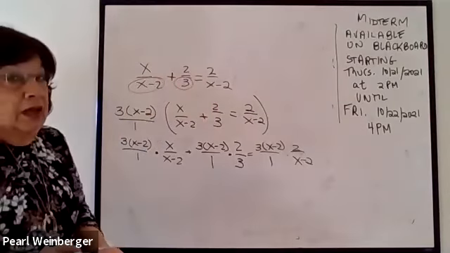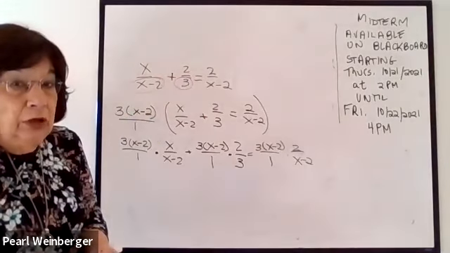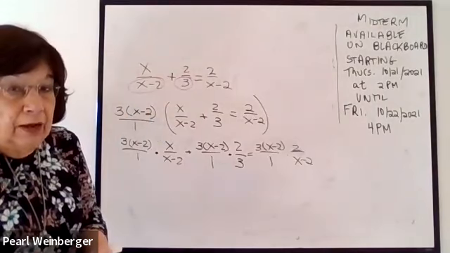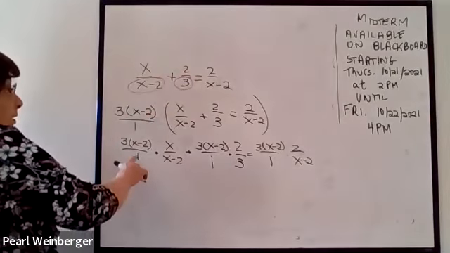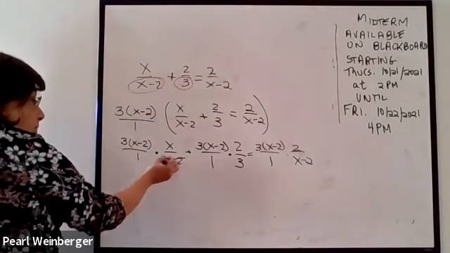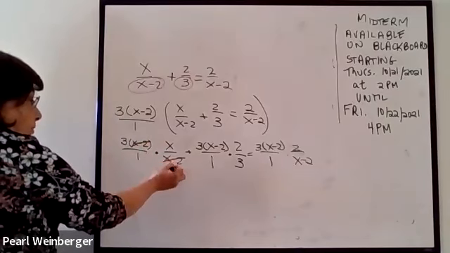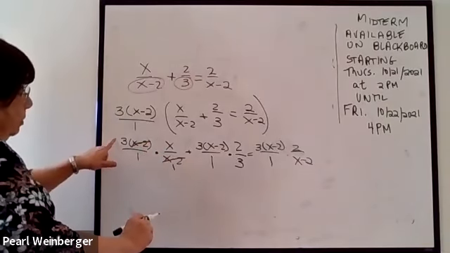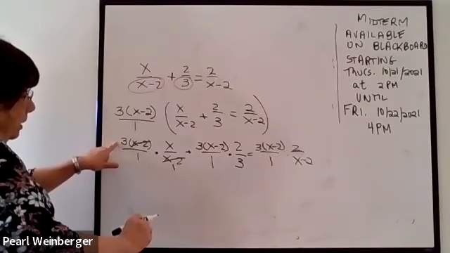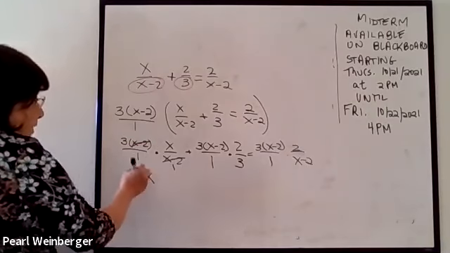Now remember what I said, when you do this, the next step should make sure that each of your denominators turns out to be equal to 1. Over here, the x minus 2 is going to cancel out with the x minus 2. That'll leave me a 1 here. And all I'm left with in the numerator is a 3 times x, which is 3x.